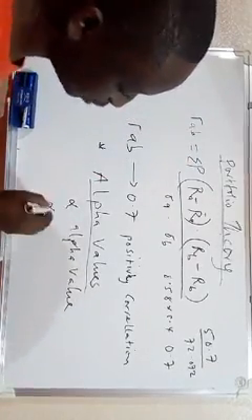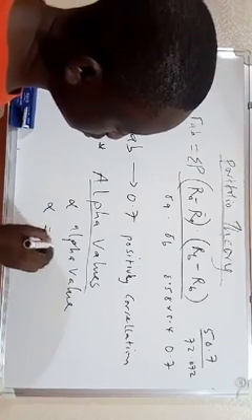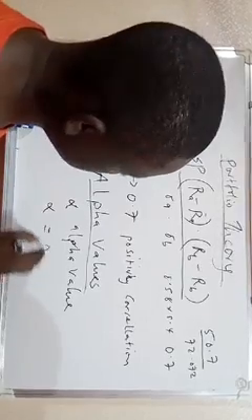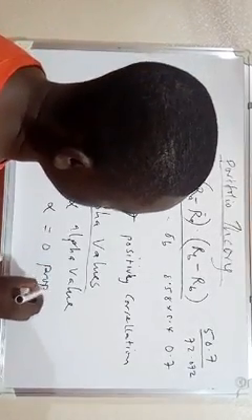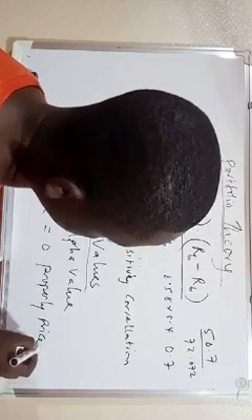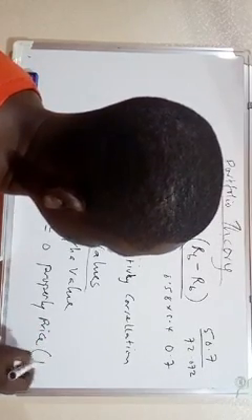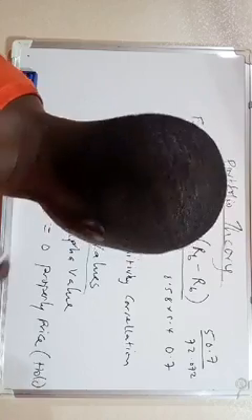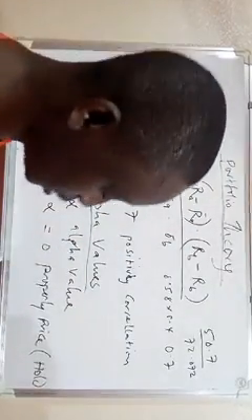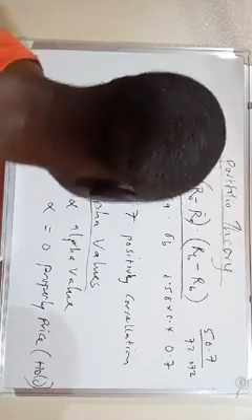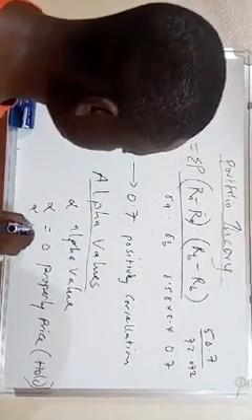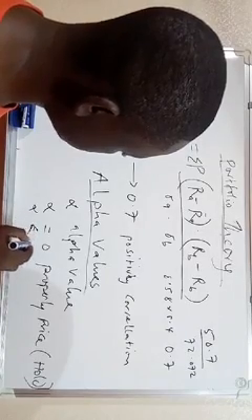If the alpha value is equal to 0, this security is properly priced. Therefore, you hold it.